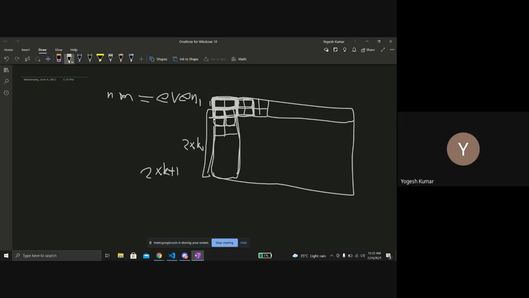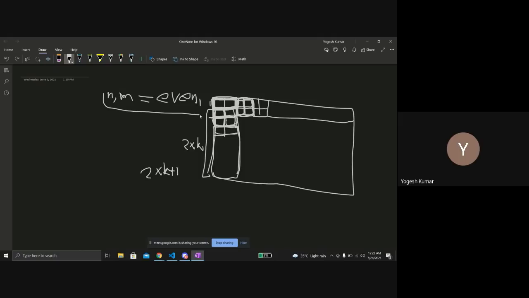Similarly, if we have more horizontal dominoes, we can fill another 2 by 2 square. So for each 2 by 2 square, the decision becomes independent of other squares. That is the idea for the case where both n and m are even.